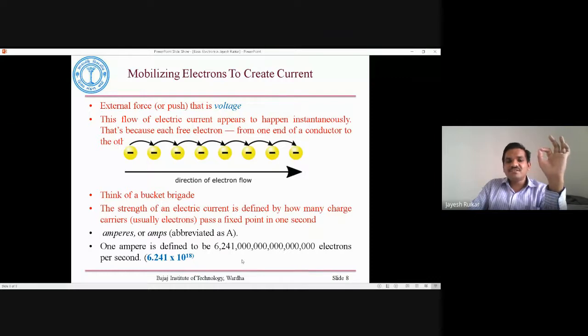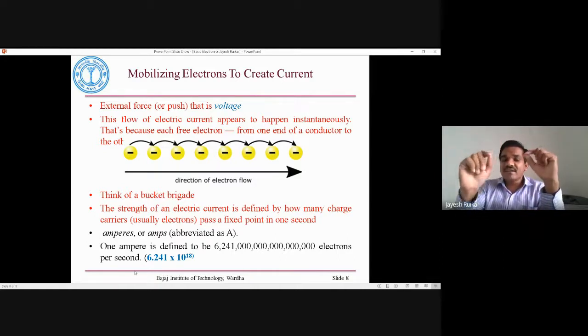If you try to read it, the number of zeros will take much more time. 1 ampere is defined as 6241 followed by zeros, electrons per second. This is how many charge carriers pass a fixed point in 1 second. In terms of powers of 10, it is 6.241 times 10 to the power 18. This is the exact number.